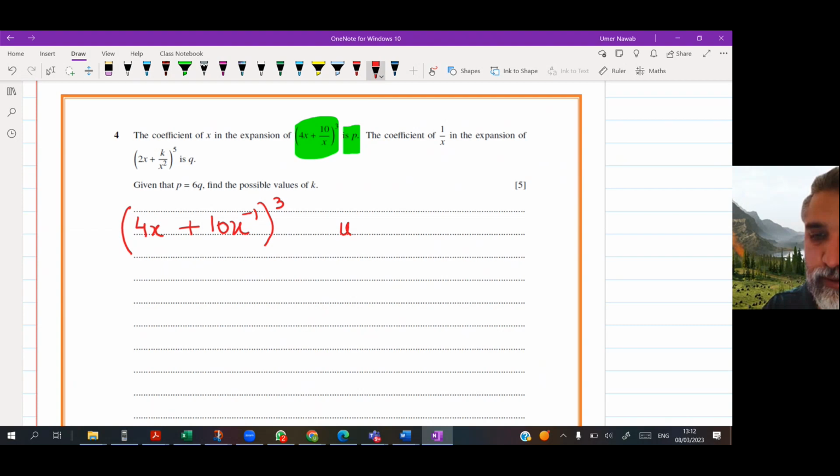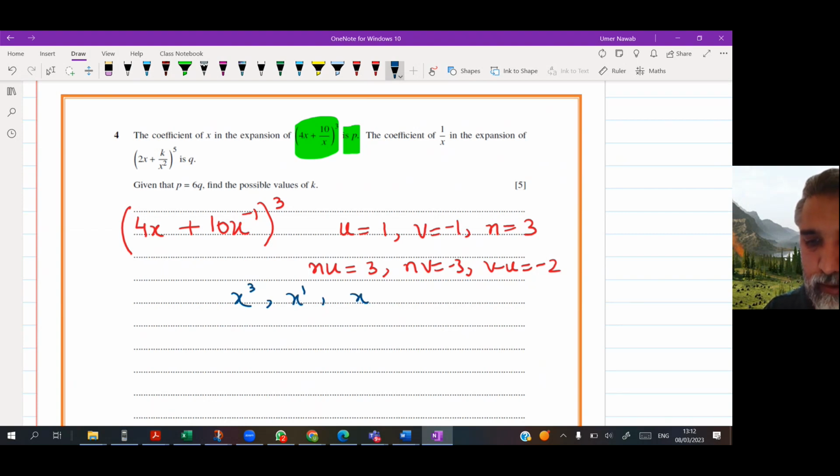Your u is 1, your v is minus 1, and n is 3. nu is 3, nv is minus 3, and v minus u is minus 2. How do the powers come to you? x to the power 3, 1, minus 1, and minus 3.